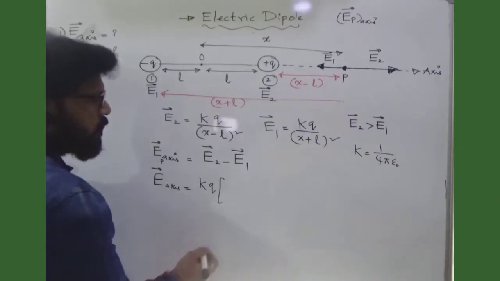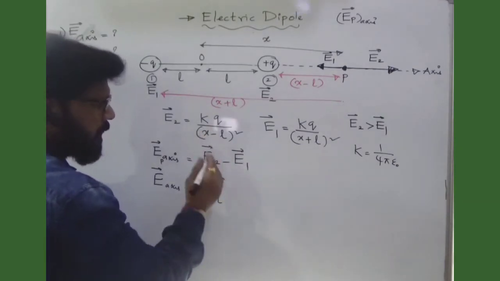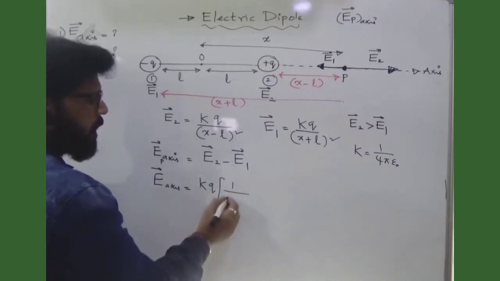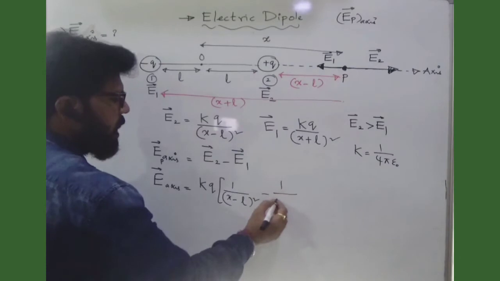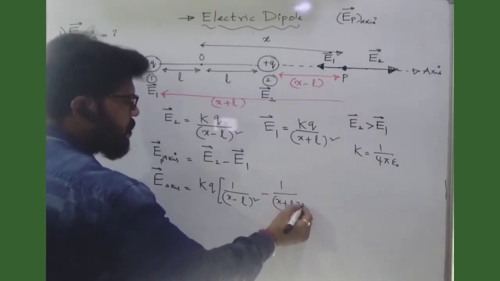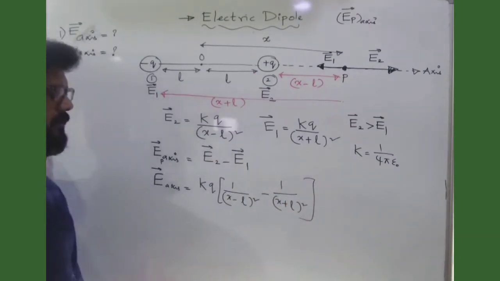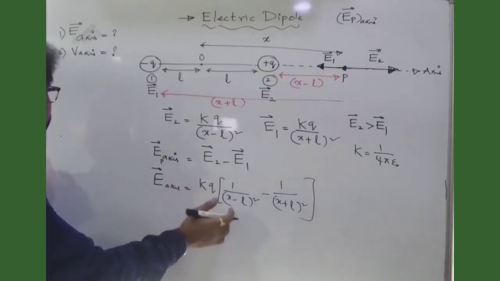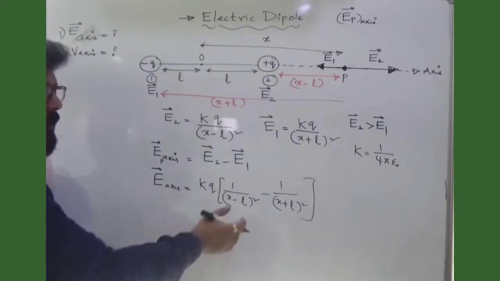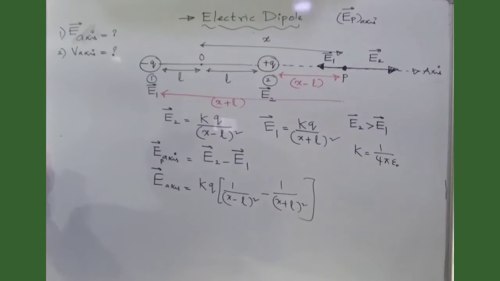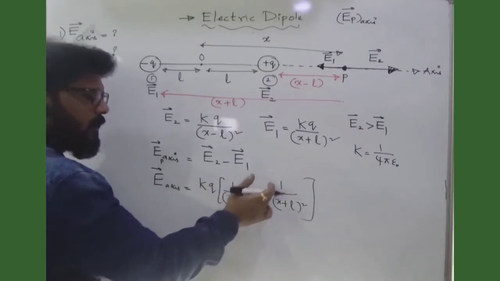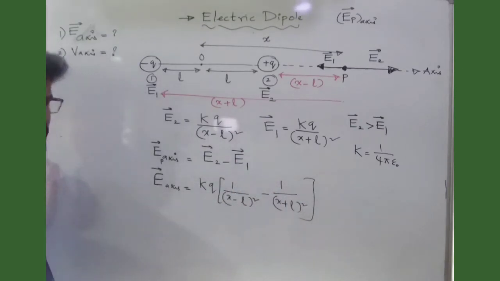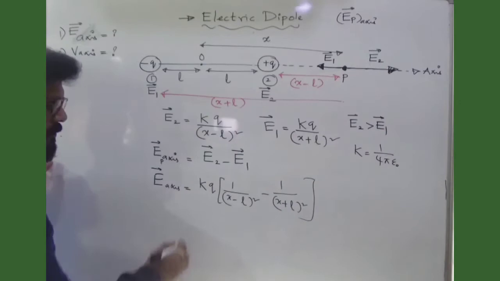So E equals KQ times 1 by (x minus L) whole square minus 1 by (x plus L) whole square. From this one you can substitute.